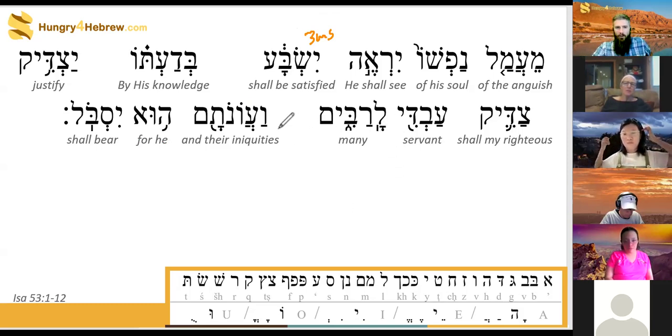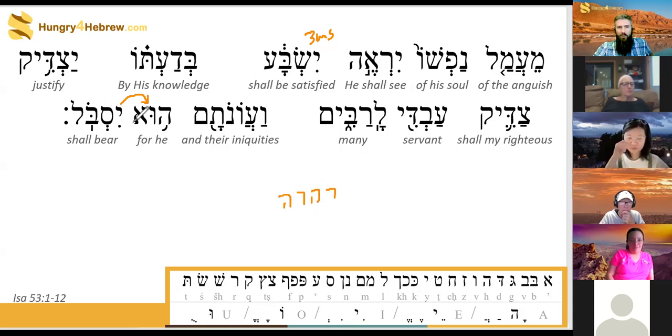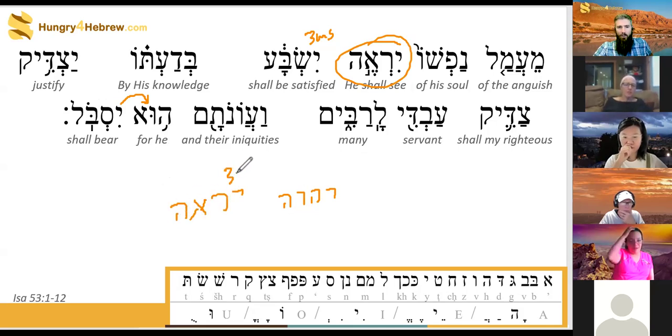Whereas in this verse, the only explicit subject I have is still a 3MS pronoun, so it doesn't really help me. But if I had, for example, Yod He Vav He does the action of yir'eh, I can look at the word yir'eh and say, oh, look, it's a 3ms.